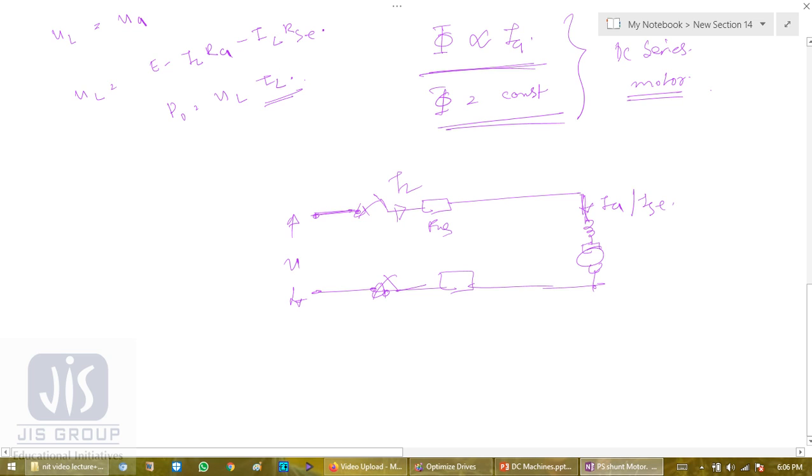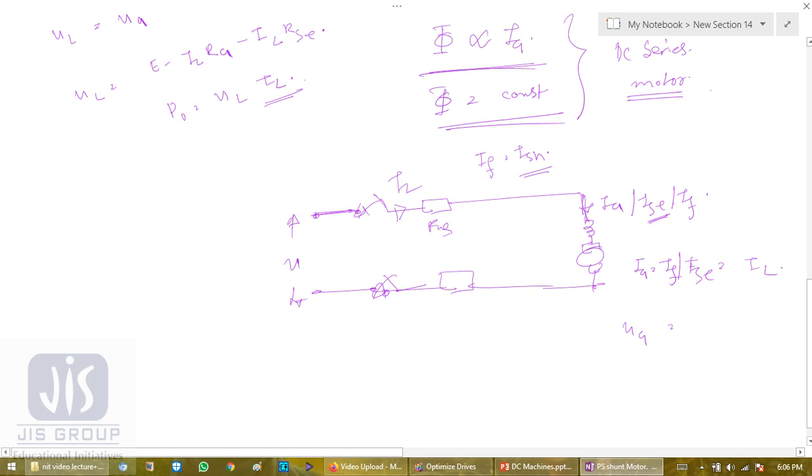Okay, so we can write now IAC is also known as IF, the field current. I am writing IAC instead of IF because this is series. In a shunt machine, in case of IF, we can write I shunt also, no issues. So you can write IA equals IF or IAC equals IL.